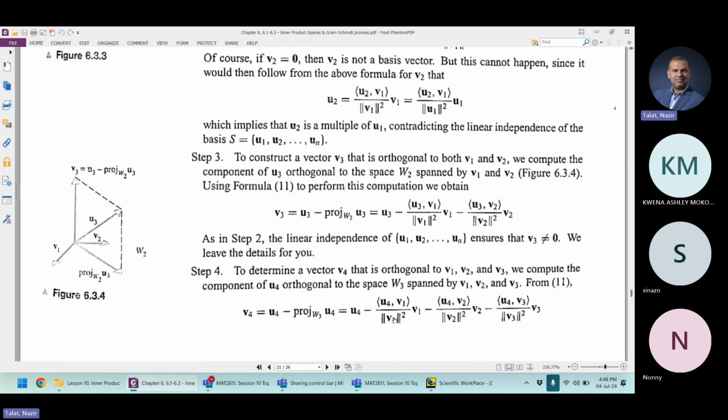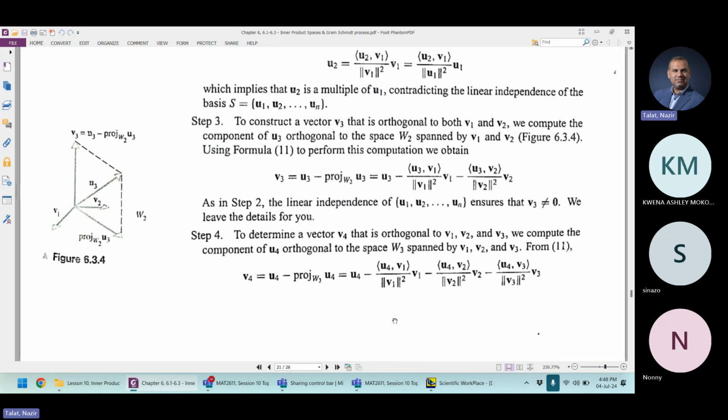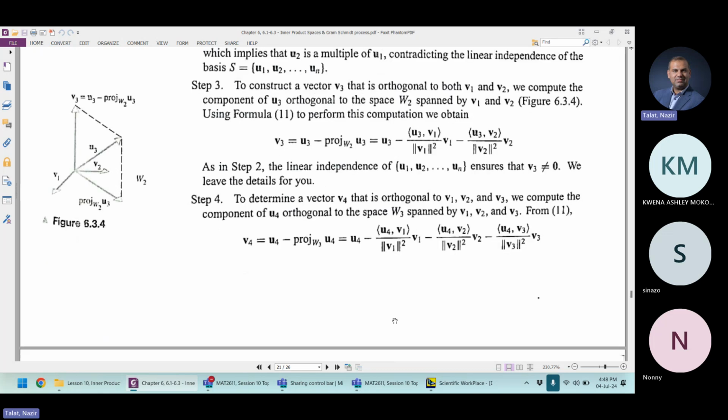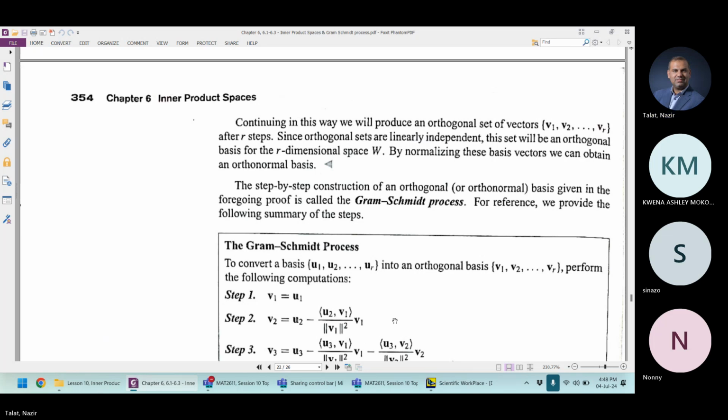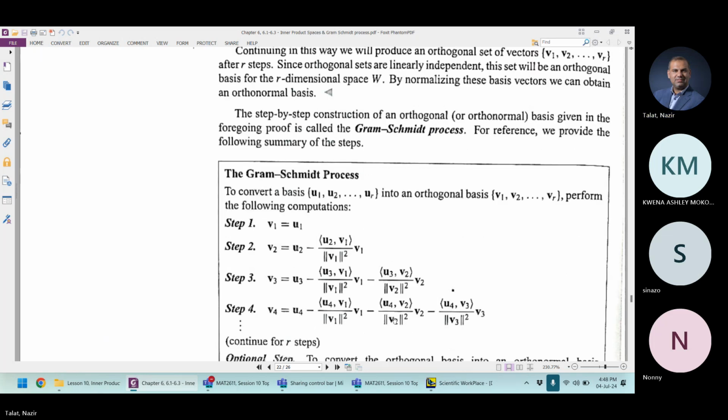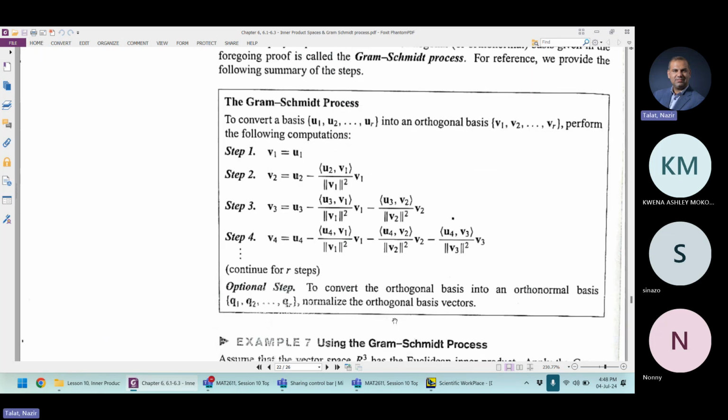These are orthogonal. Orthogonal means only that the inner product is equal to 0. But for getting their normality, we just take the norm of each vector and divide each vector by its norm. And in this way, we will get vectors which are orthonormal.